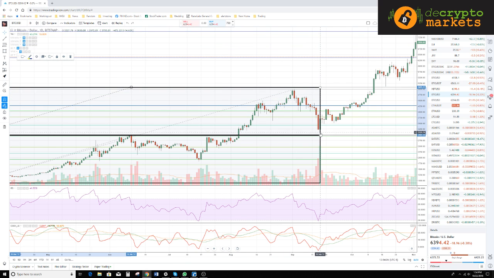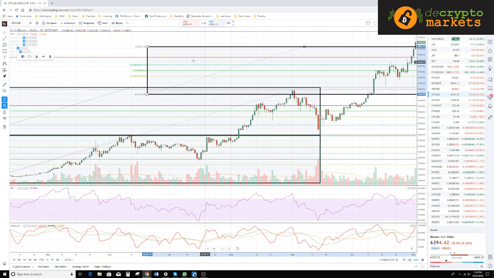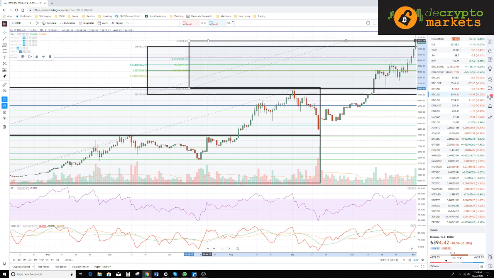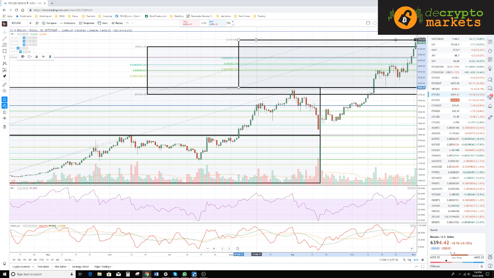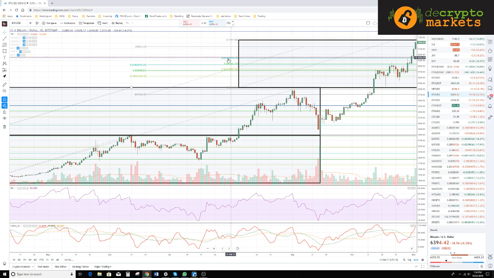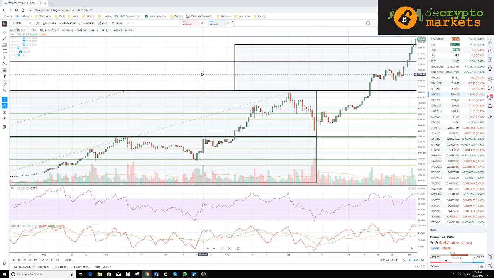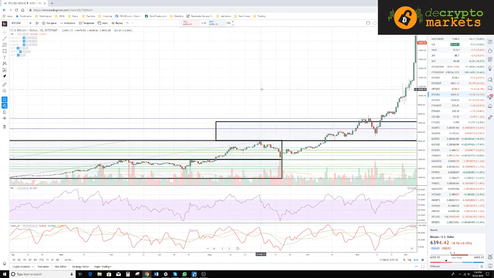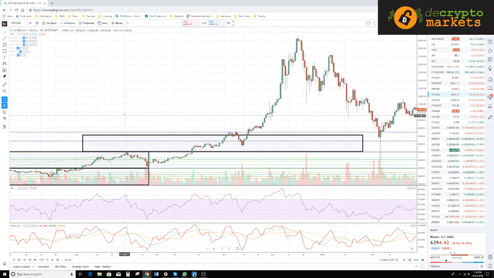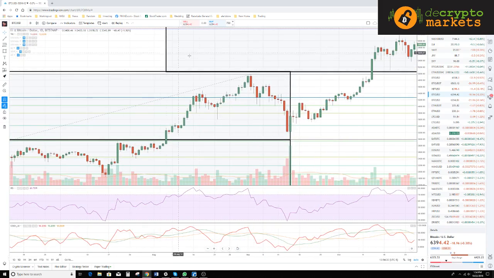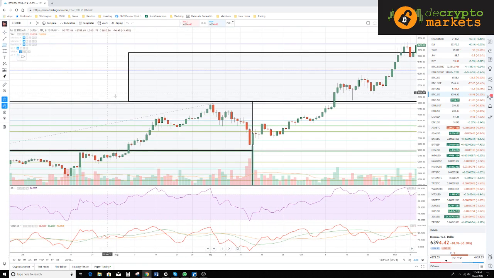Take the box here and just slide it over there. Why is that? Okay, we're looking at, and then you would actually do a Fibonacci of that box here.